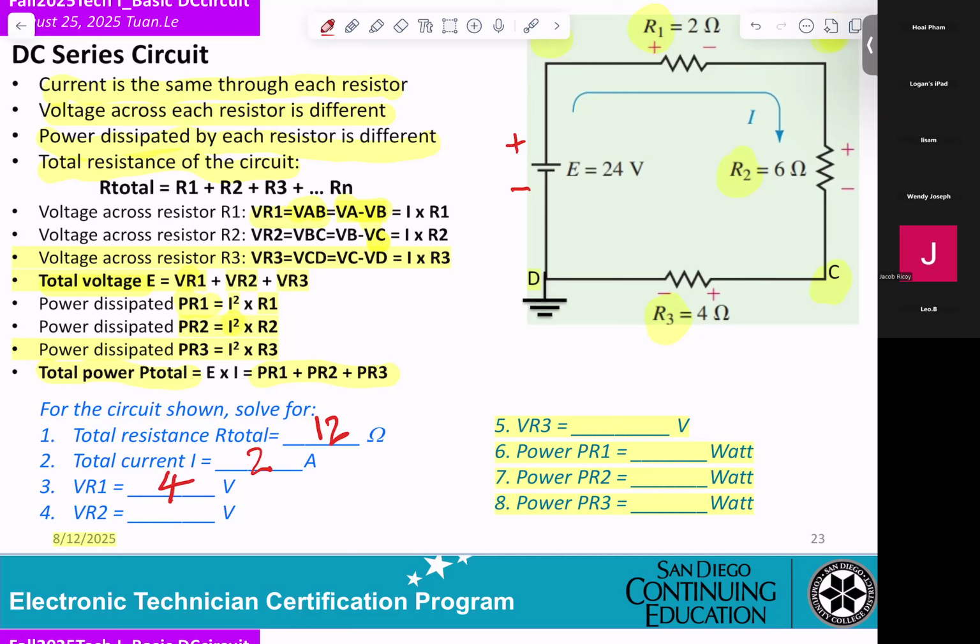VR2: 12, 12. Perfect. VR3: 8. Good. Power PR1.